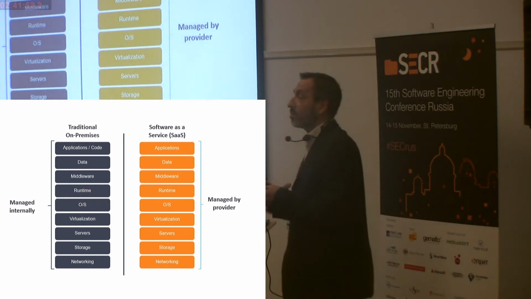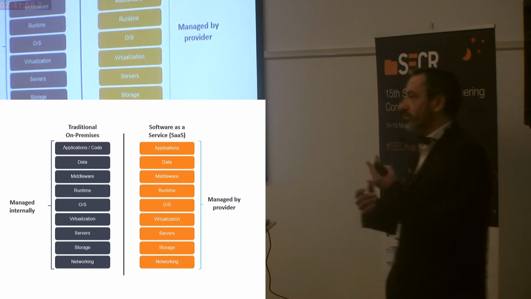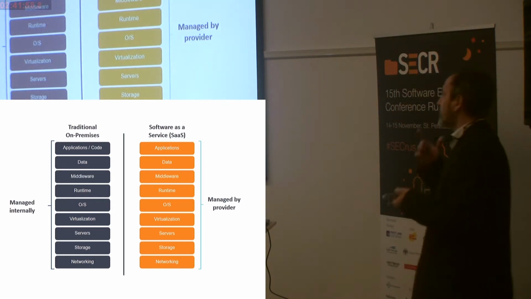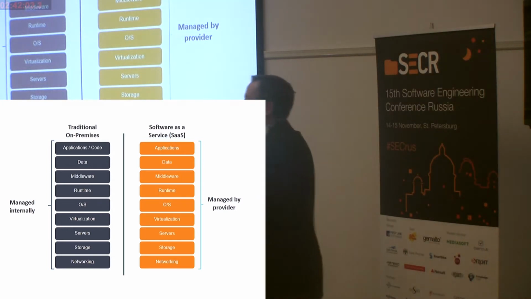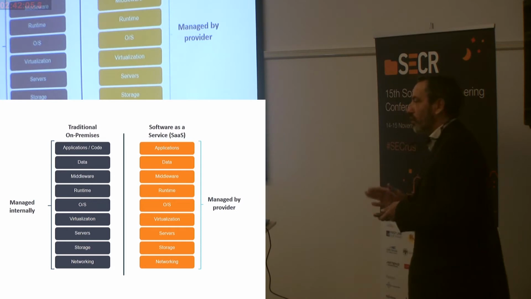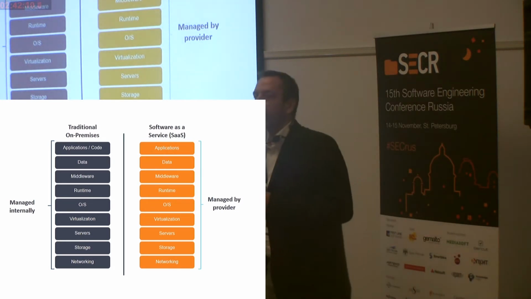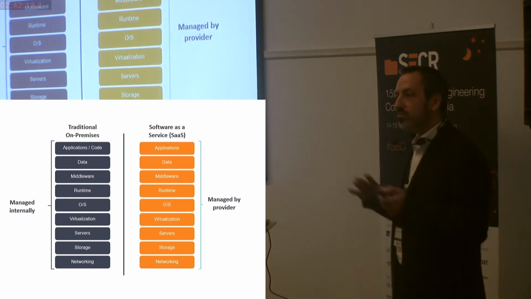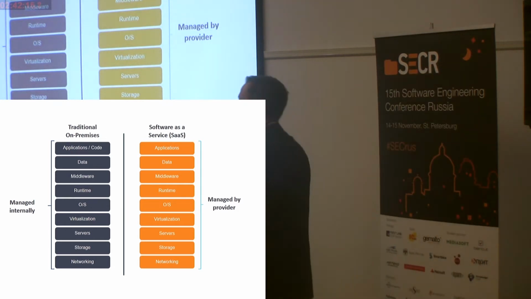It started with some simple applications such as mail, customer relationship management, office tools, and everything was managed outside of the company, not internally. So this is what we have called software as a service. It started in the years 2000, and it's still available, and it's still a valid model.